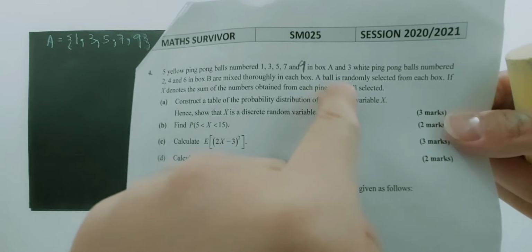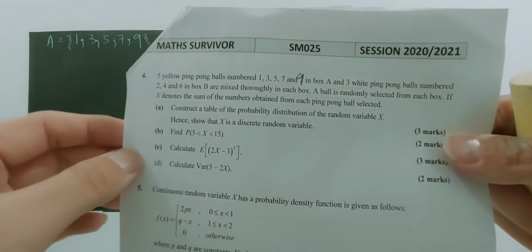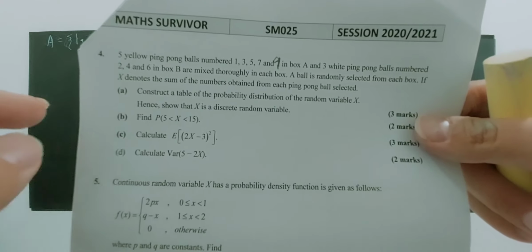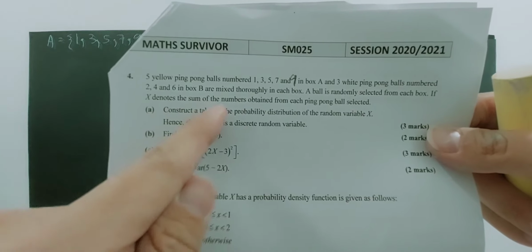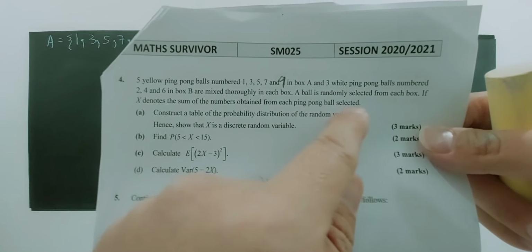So a ball is randomly selected from each box. That means we select only one ball from box A and one ball from box B. X denotes the sum of the numbers obtained from each ping pong ball selected.